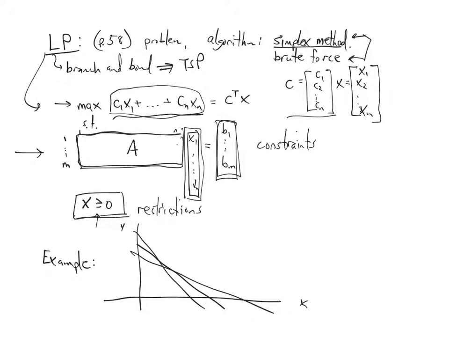So the feasible set is all the points (x, y) that lie underneath all of the inequalities, and the winning point is right here. But there are other candidate points: anywhere there's a pair of lines crossing, you get a possible winning solution.